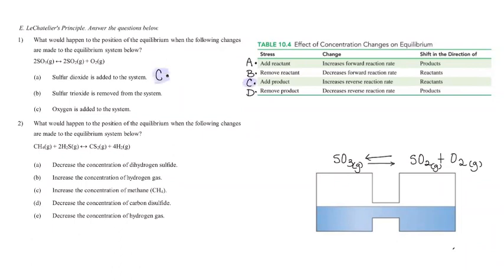If I use my water tank analogy, this means that I open this container, okay? And all of a sudden, what is happening is that we are adding water to this side. If we look at what happens when you add products, it increases the reverse reaction.